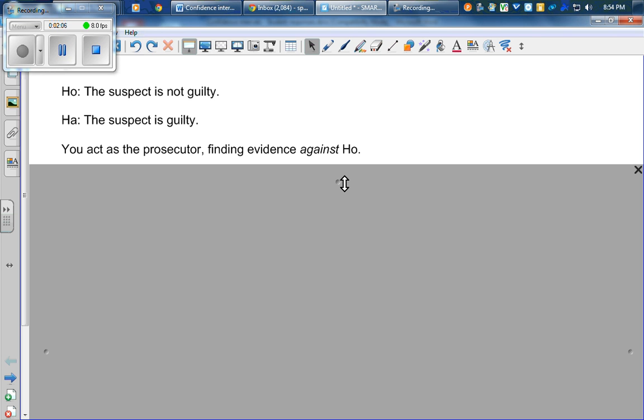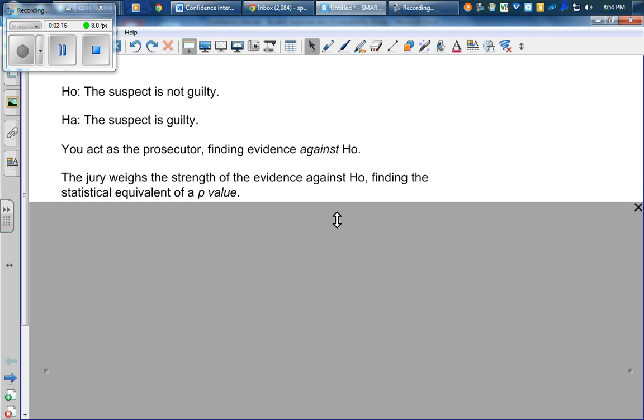So we're going to collect some evidence and see how strong that evidence is against this null hypothesis. The jury will weigh the strength of that evidence against H0, and they find in statistics what we would call a p-value. A p-value is essentially the likelihood that I would get evidence like I got if H0 is true.